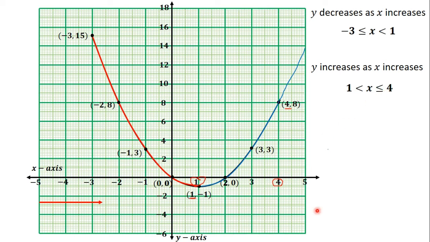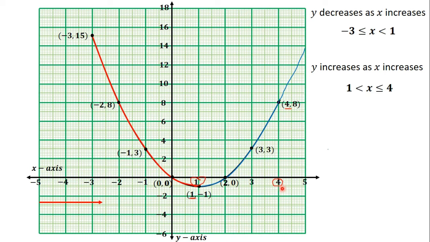So on this graph sheet, for values of x for which y increases as x increases, we will have to choose values of x between 1 and 4.